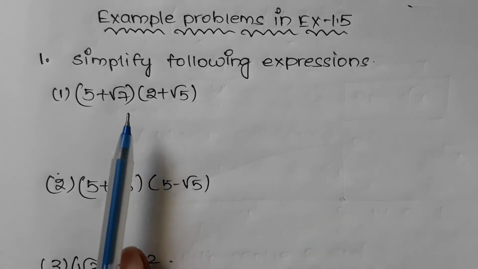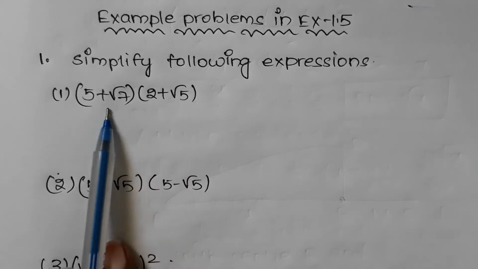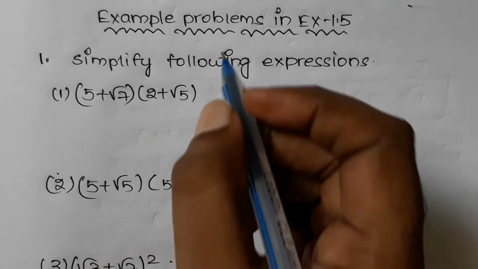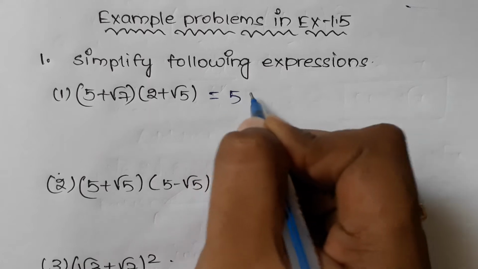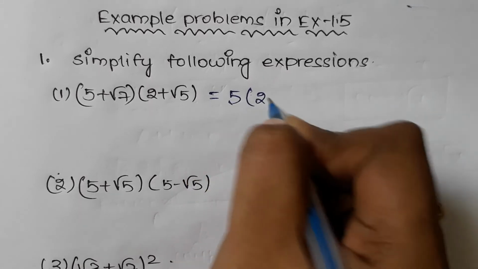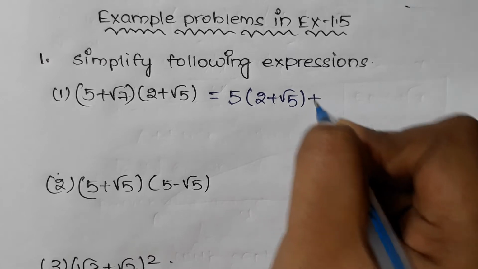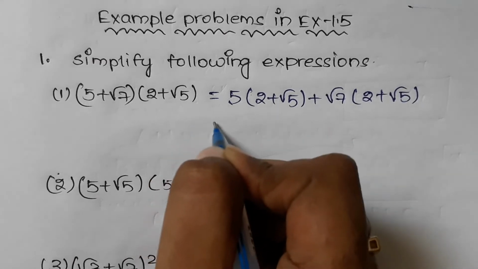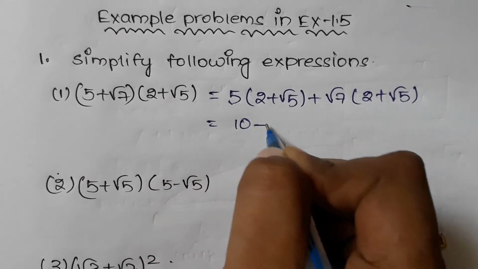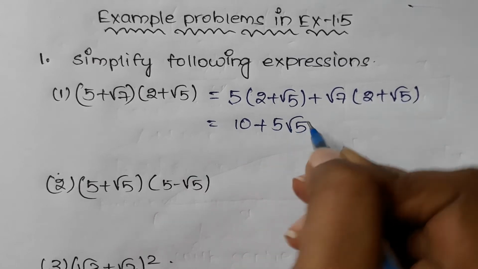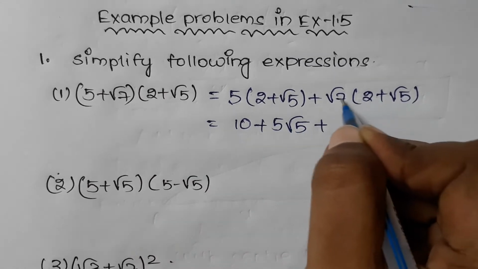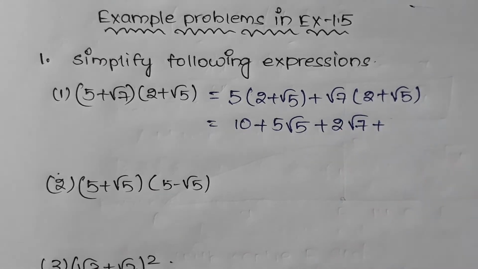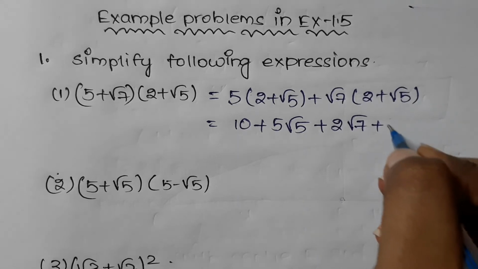Now let us see the first one, that is (5 plus root 7) into (2 plus root 5). Now let us solve this. Here let us separate the brackets, that is 5 into (2 plus root 5) plus root 7 into (2 plus root 5), that equals to 5 into 2, that is 10, and 5 into root 5, 5 root 5, plus 2 into root 7, that is 2 root 7, and root 7 into root 5, that is root 35.